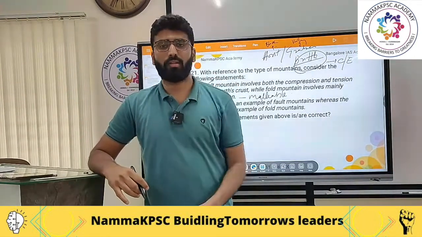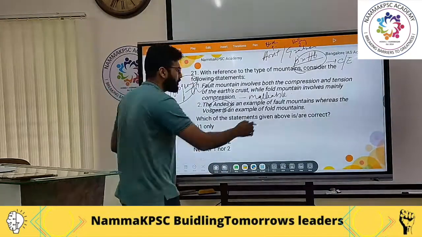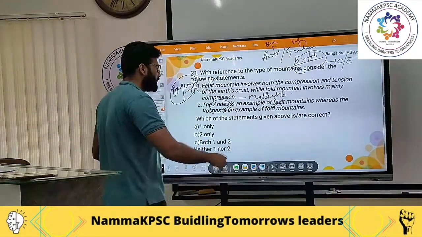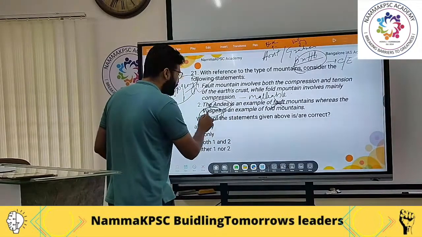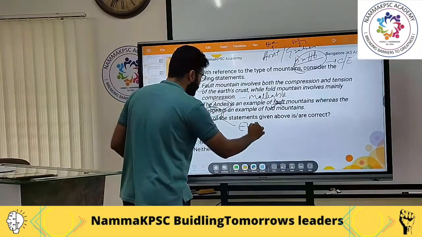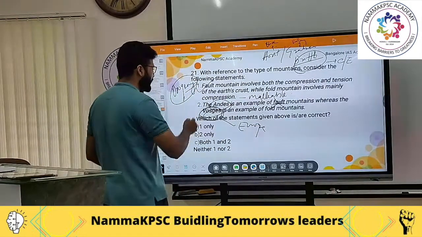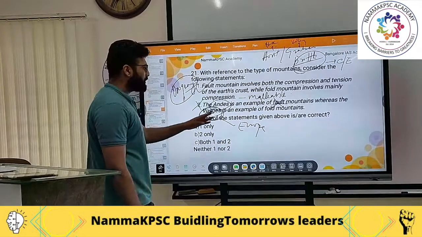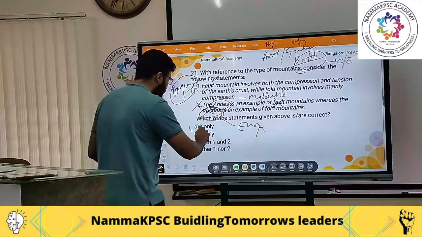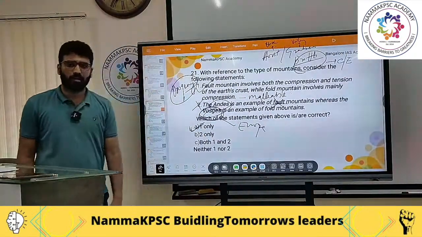The tallest mountain ranges on earth are nothing but fold mountains. They are not fault mountains. Whereas Vosges is an example of fold mountains? No. This is a block mountain in Europe. Andes is in South America, so this is incorrect. So which of the statements given above is correct? Option 1 is correct.